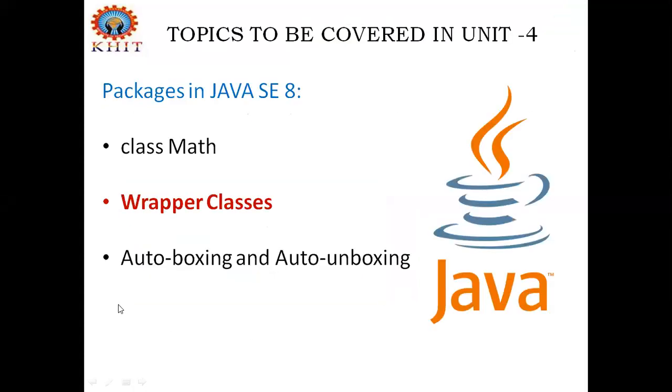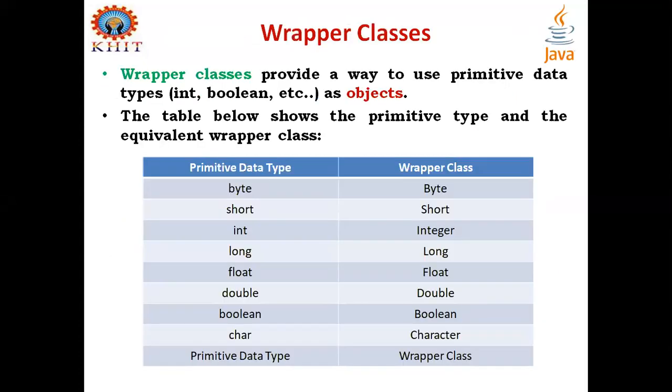Next one, wrapper classes. It is a concept related to the primitive types available in Java as data types. A wrapper class provides a way to use primitive data types, integer, boolean, character, float, like that, as objects.